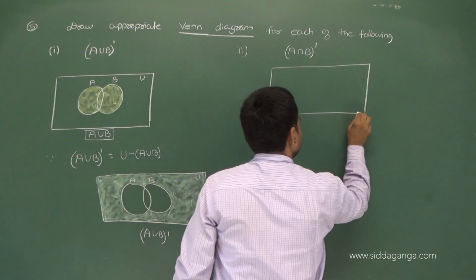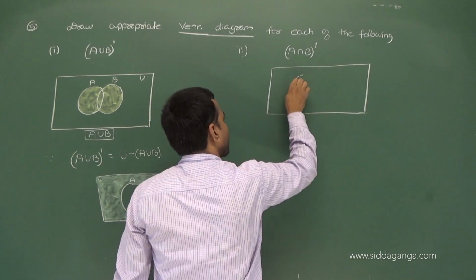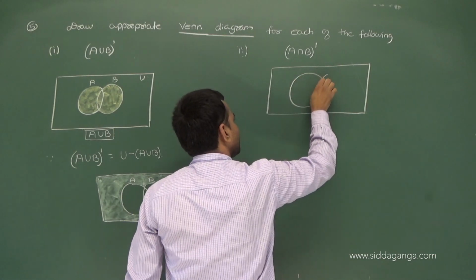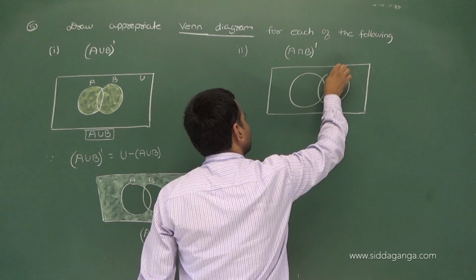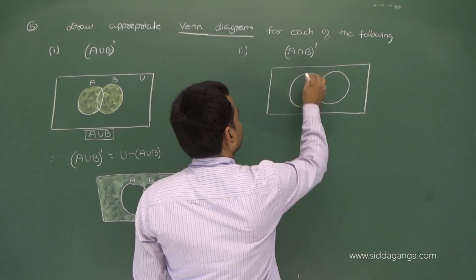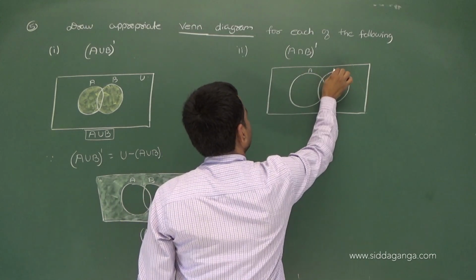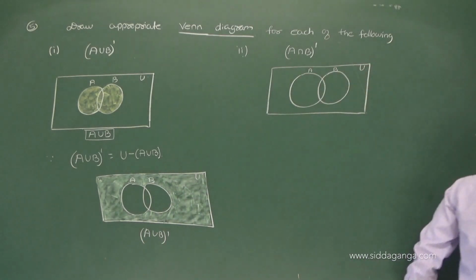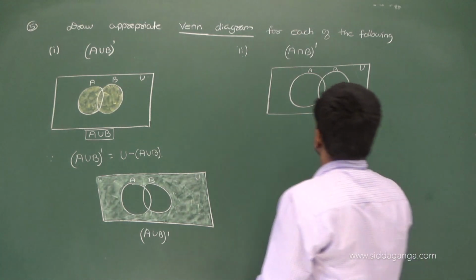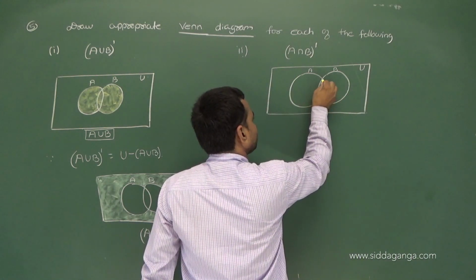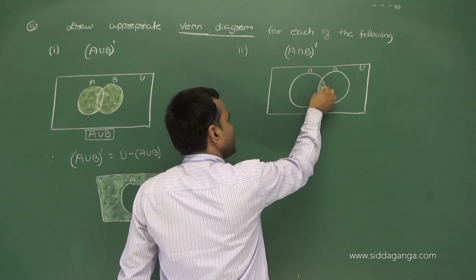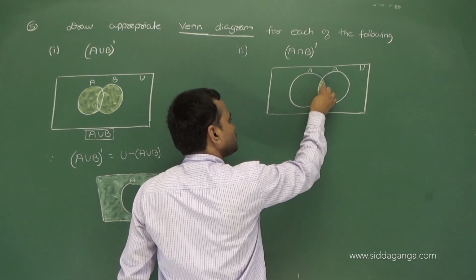We write A intersection B first. This is A, this is B, and this is the universal set. This is A intersection B.